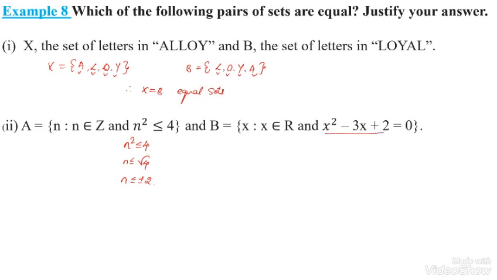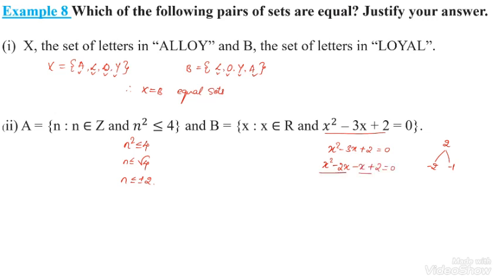Here again, while solving this problem, x belongs to a rational number. Taking x square minus 3x plus 2 equal to 0, I have to consider 2. While taking the multiplication, you will get the result 2, and when you add, you will get minus 3. So I can take 2 into 1. Here x square minus 2x minus x plus 2 is equal to 0.